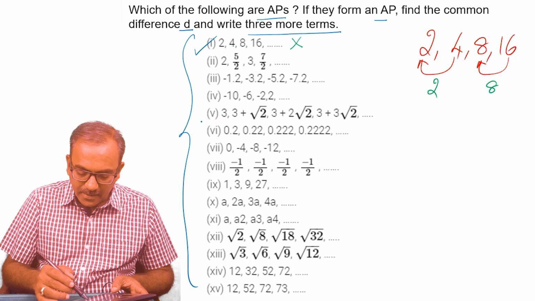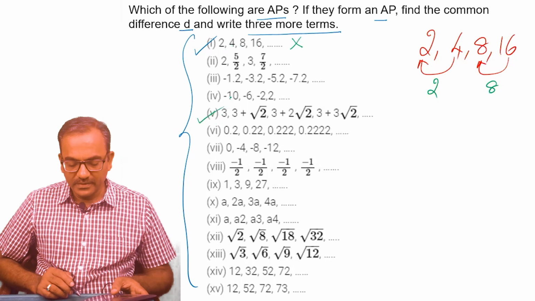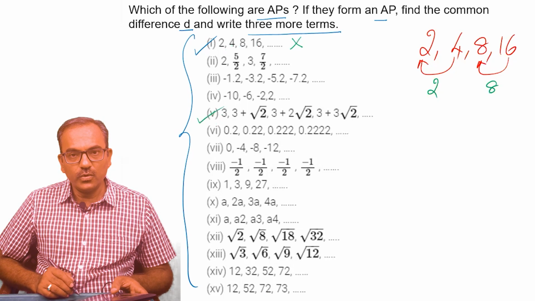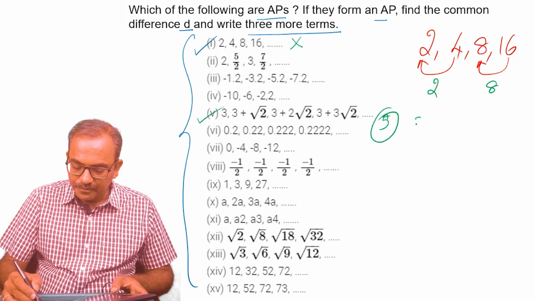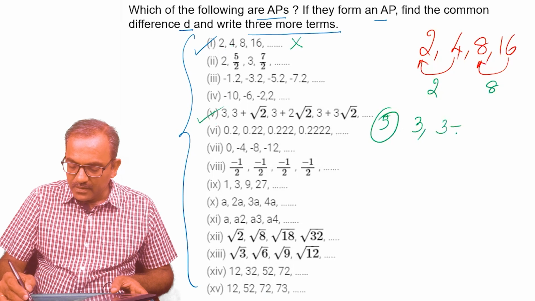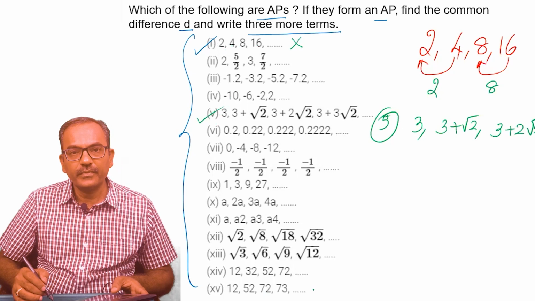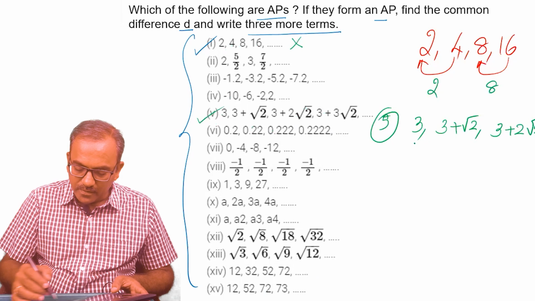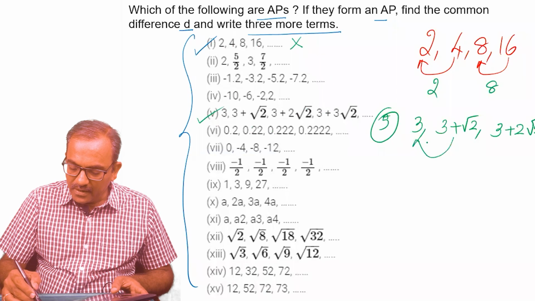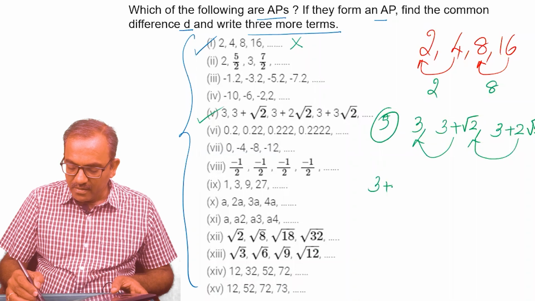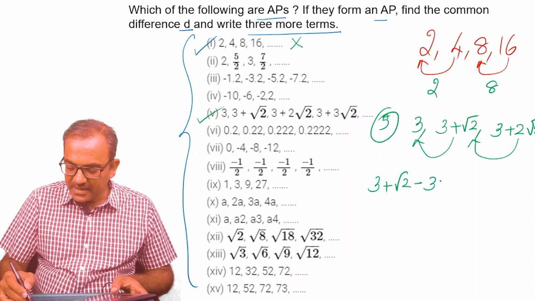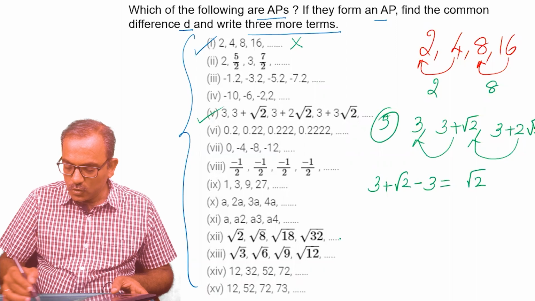Now let us take up the fifth one, 3 plus root 2, 3 plus 2 root 2, and so on. Now observe, take the differences of any 2. We have 3 plus root 2 minus 3, that is root 2.